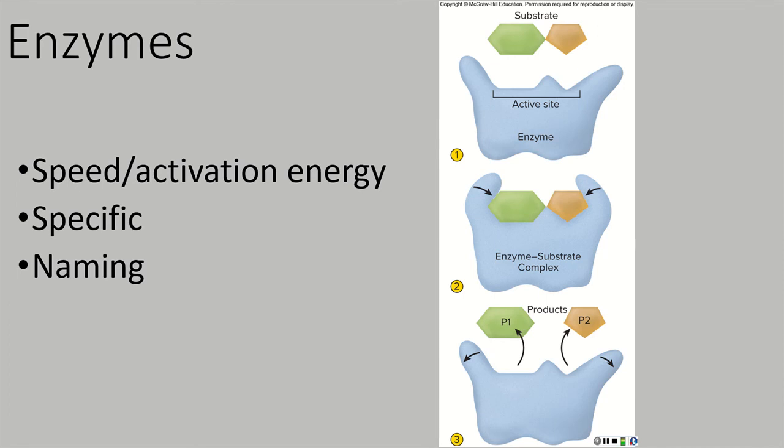Enzymes. Now, we've talked a little bit about enzymes already, back when we were talking about catalysts. Well, enzymes are biological catalysts, and they are proteins. Typically, they are globular proteins. Now, remember, enzymes, catalysts in general, what they do is they will speed up the rate of a reaction.